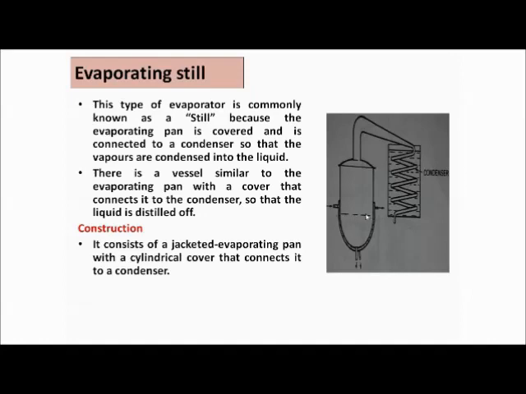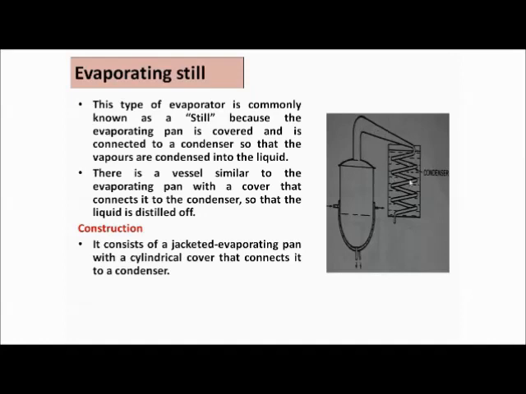Now here the feed will be introduced. Earlier, in the earlier type, we had an open area here, but now this pan is connected to a cylindrical vessel and it is covered. This cover is connected to a condenser, where the vapors will come from this side and enter the condenser.